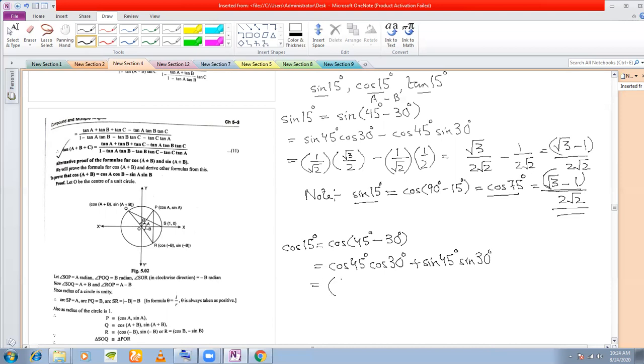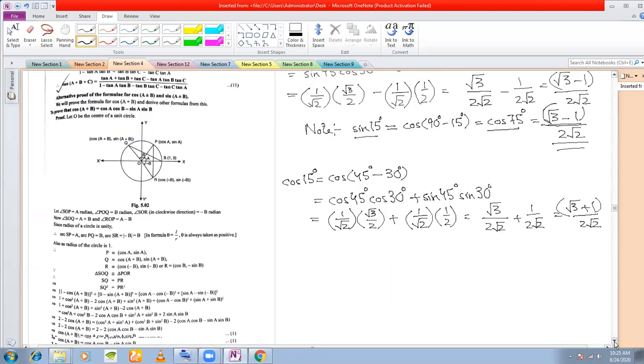Cos 45 is 1 by root 2, cos 30 is root 3 by 2, plus sin 45 again 1 by root 2, and sin 30 is half. So you get root 3 by 2 root 2 plus 1 by 2 root 2. The value of cos 15 is root 3 plus 1 by 2 root 2.